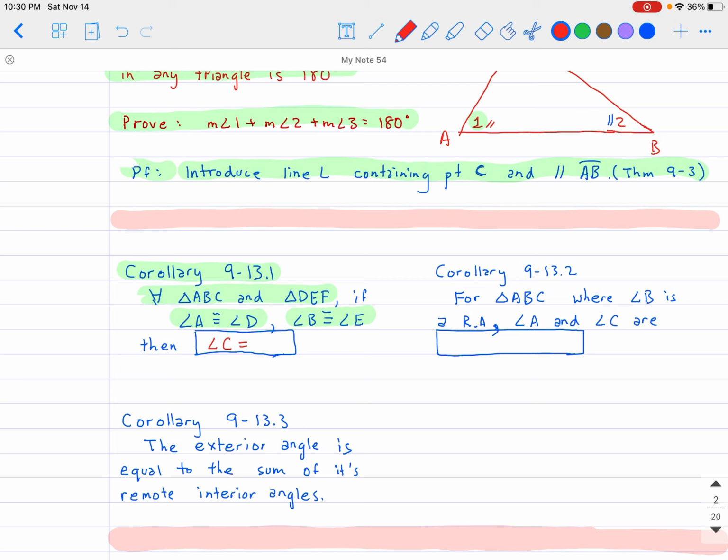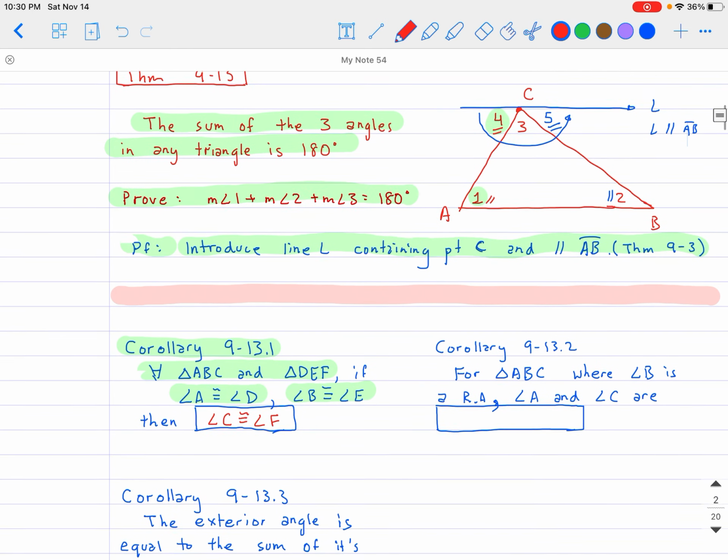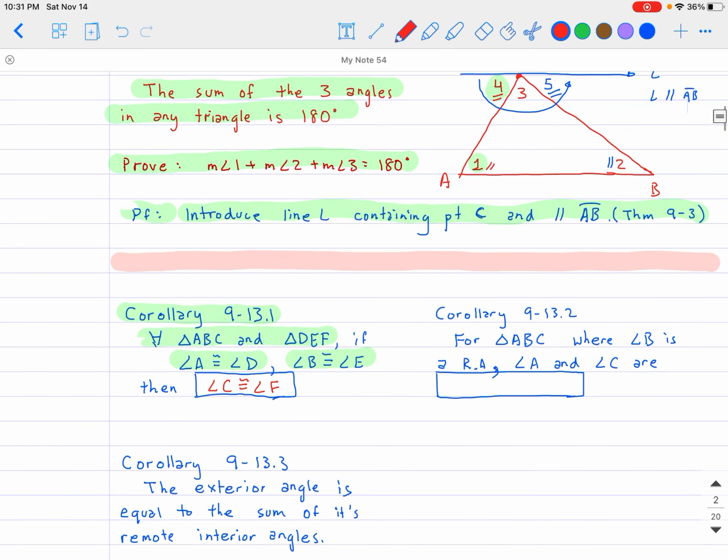Angle C is most likely going to be congruent to angle F in the other triangle, okay? We can, again, prove it by using theorem 9-13 over here, where the sum of all the interior angles is equal to 180 degrees.